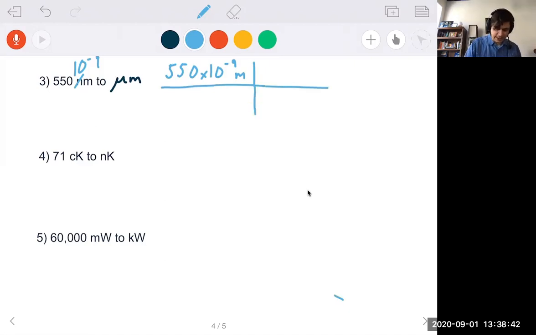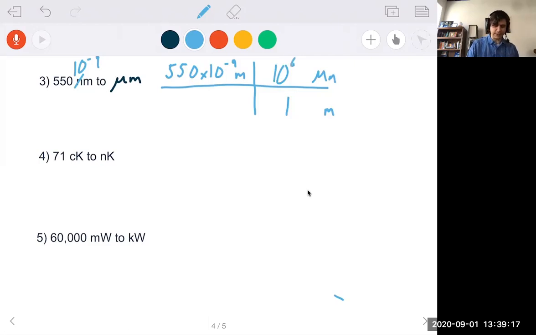Okay, I am given information in meters, and I want to convert it to micrometers. I know the meters are bigger, so I want to ask myself how many micrometers, microns as we call that in the business, are in 1 meter. Well, if micro means 1 millionth, then I need 1 million of these things, 1 million micrometers to equal 1 meter.